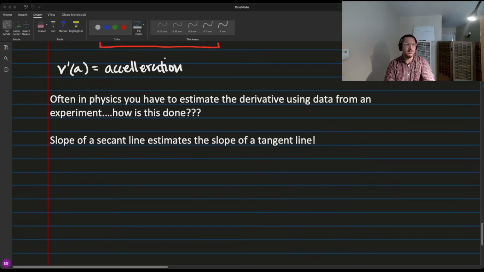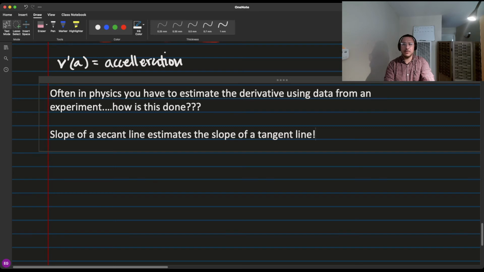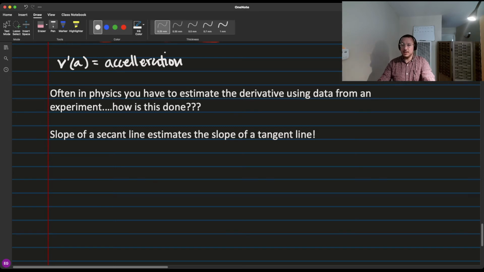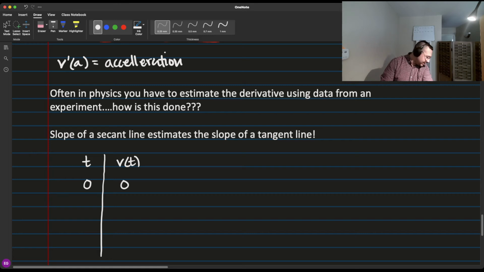So let me give you an example. Let's say that you have some measurements. Some of them are time measurements and the others are velocity measurements. For instance, at time 0, your object was traveling at a velocity of 0.